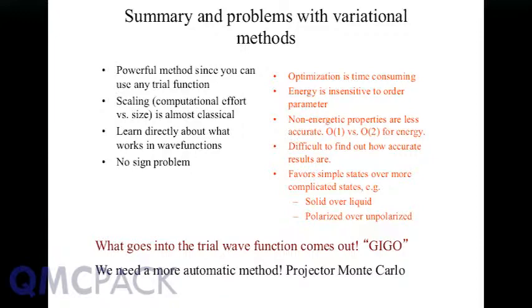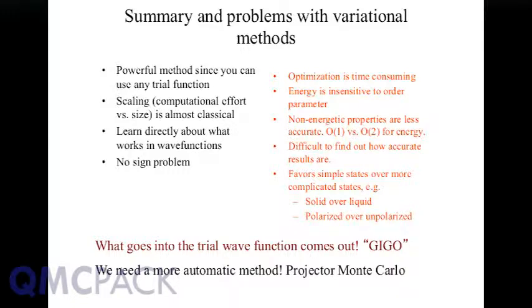applications. The variational method is very powerful since you can use any trial wave function. The scaling, the computational effort versus size, is almost classical, so it's like n cubed or n squared effort. So you can do 1,000 electrons if you want. You can learn directly about what works in wave functions. You have no sign problem, which we'll talk about next time.